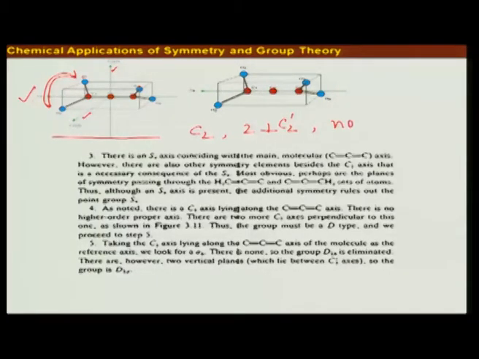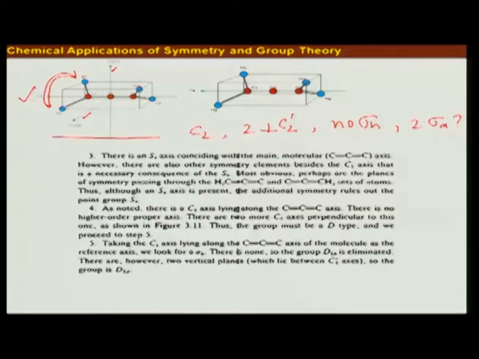So no sigma h. But then the next question is, are there two sigma v's? Here in this case I should ask sigma d's, because I have already seen that this belongs to D type of point group. So the next question is, are there two sigma d's? The answer is yes.